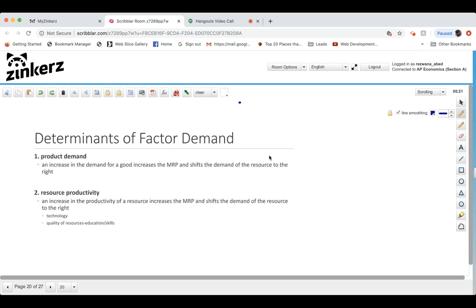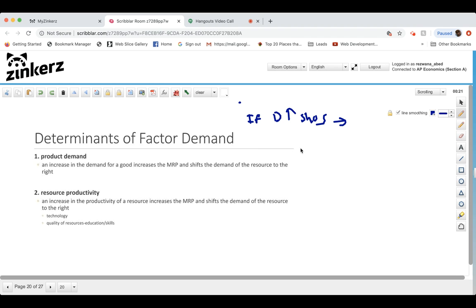So if the demand for shoes increases, it will automatically increase the demand for shoemakers, because shoemakers are the inputs. They are the laborers, the workers, that are working to make those shoes.